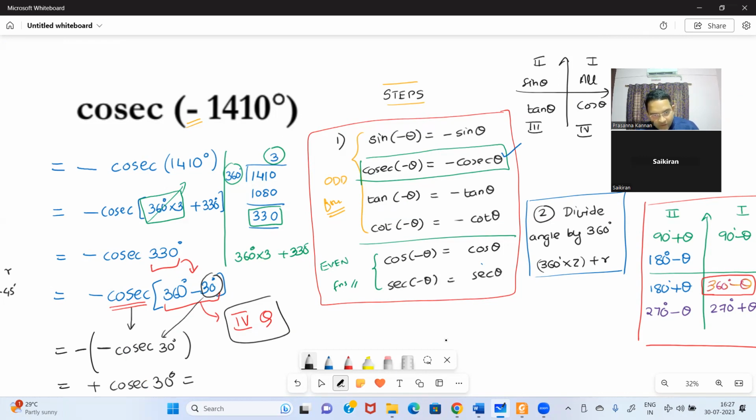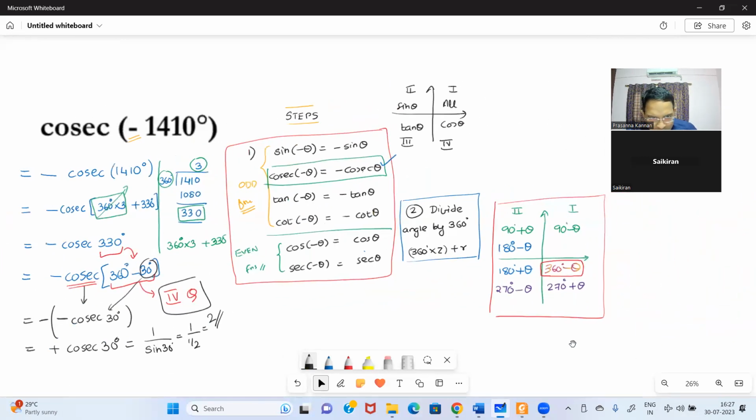You know cosecant and sine are reciprocal, correct or not? So cosecant 30, I can write it as 1 by sine 30. What is sine 30? 1 by 2. So this will be 1 by 1 by 2. So what will be the answer? 2. Understood?